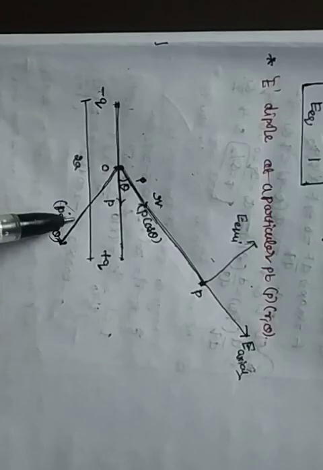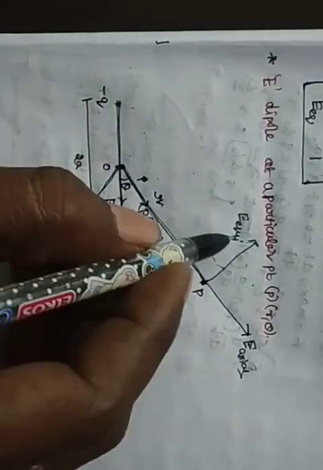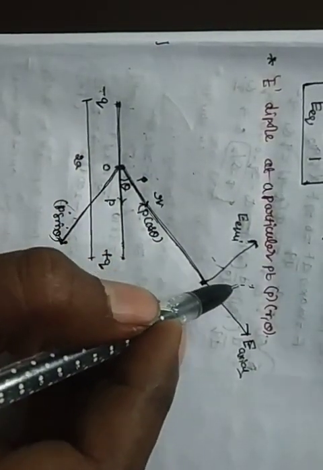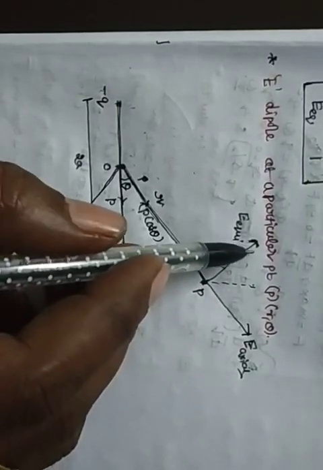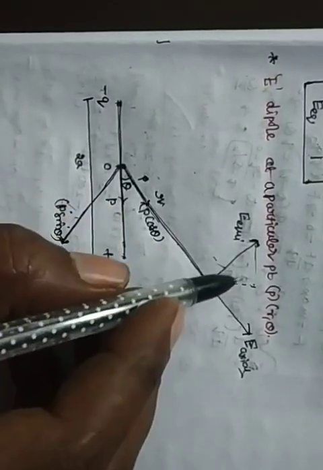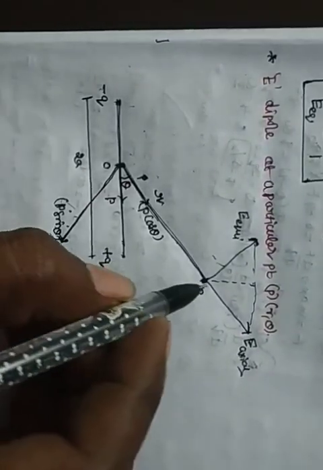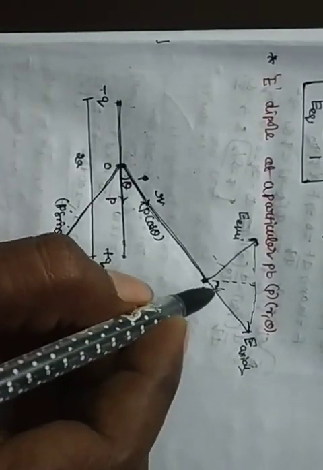The equatorial line. From this you can observe like this. What is the angle between these two vectors? 180 degrees or not? Okay. Now the resultant of these two is making an angle.